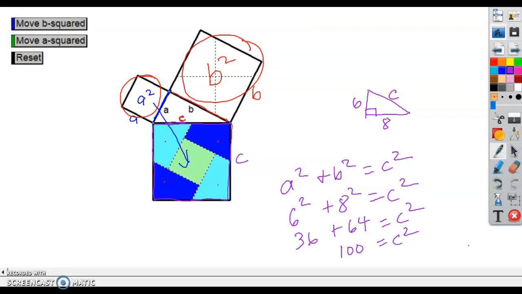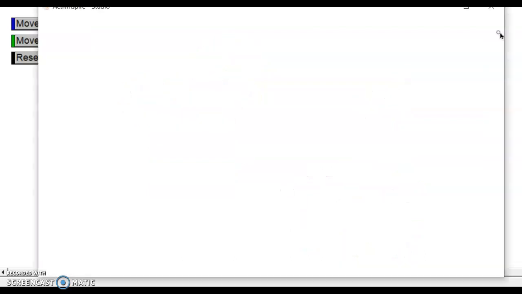Well, if C squared is 100, what's C? We have to take the square root of both sides. Square root of C squared is actually the absolute value of C, but for now, since we're working with length and geometry, we're just going to write C. Square root of 100 is 10. So C is 10.